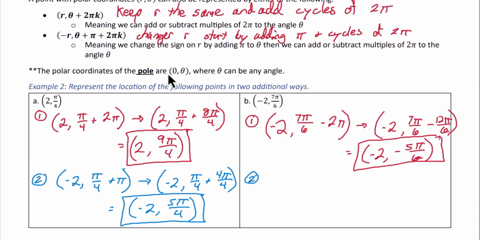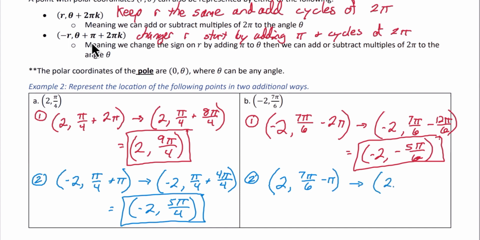The second method is, what if we wanted to change the sign of r? So r is now positive. Starting with 7π/6, we then need to add, or we could subtract, π. Let's subtract π this time.